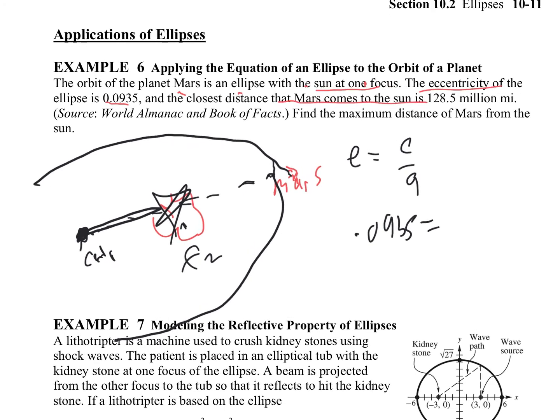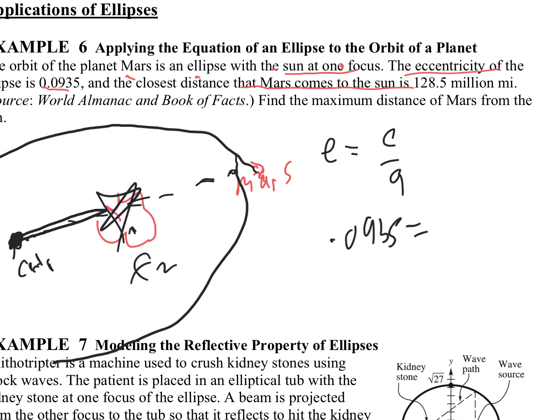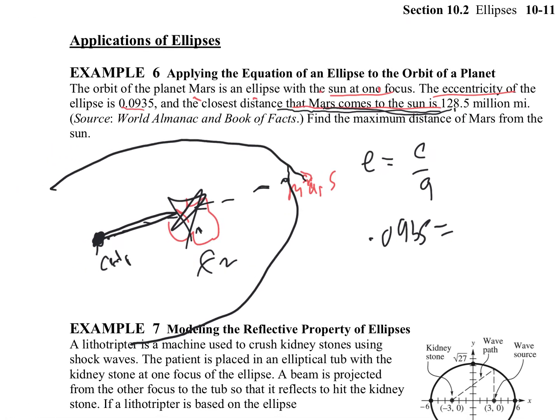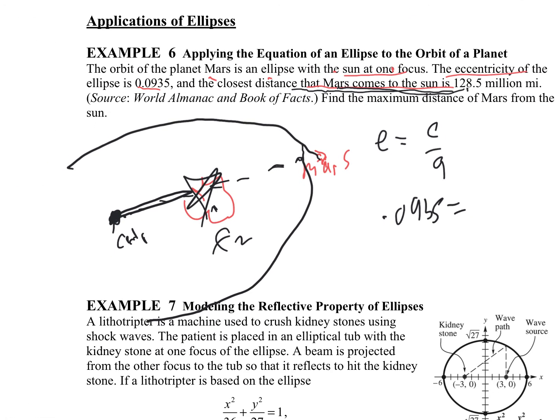Does he give me any extra information? He says the closest distance that Mars comes to the sun is 128.5 million miles. Wait a minute, closest distance. Oh, the sun's right here, I'm sorry.